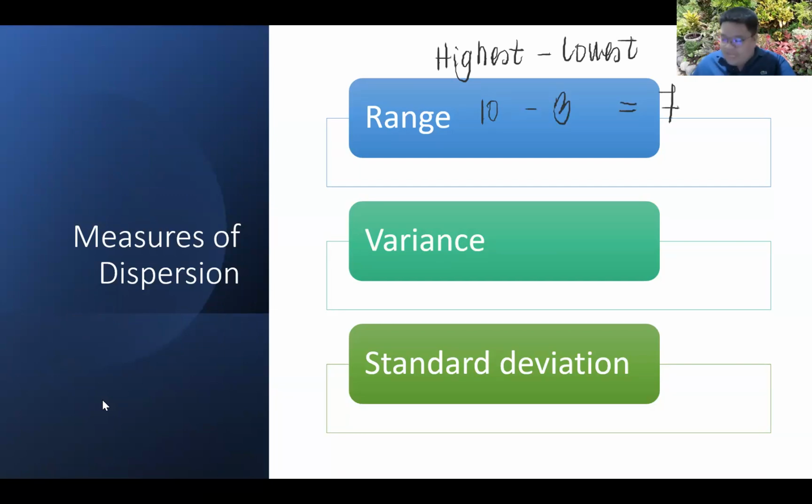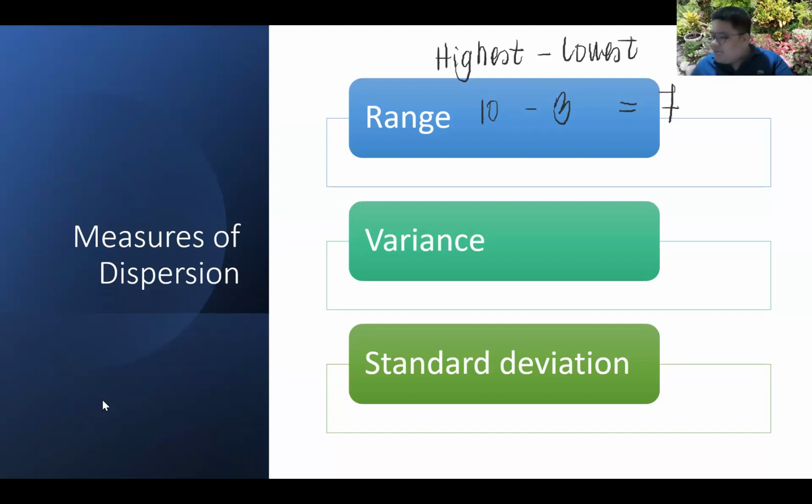Okay? That's the range. Now, class, pag sinabi nating variance at saka standard deviation, for your variance class, your variance is computed by the summation of x squared divided by n or n minus 1. Okay, wait lang ha, i-review ko yung formula, baka na-miss out ko.